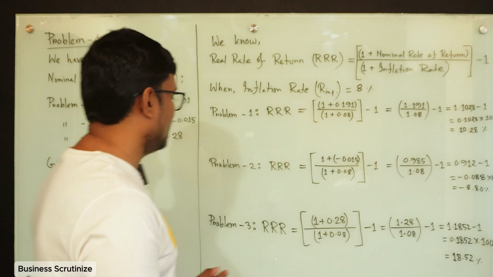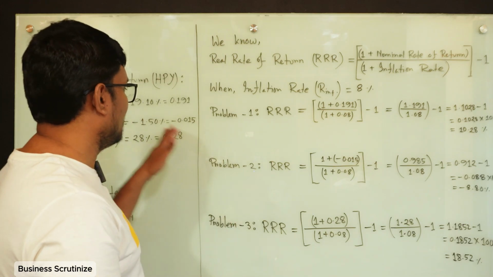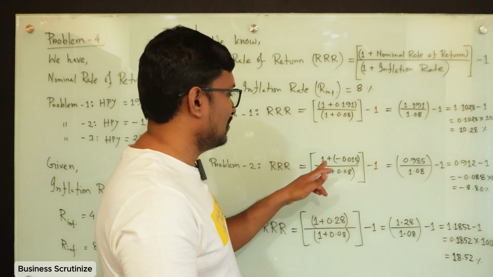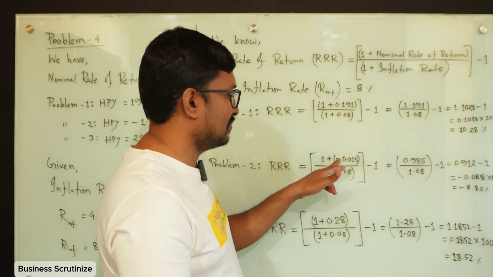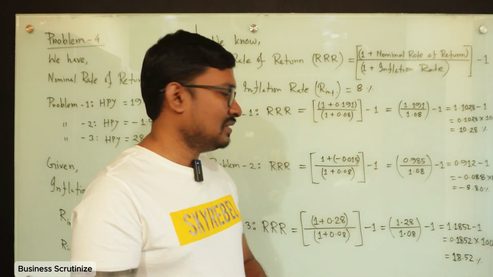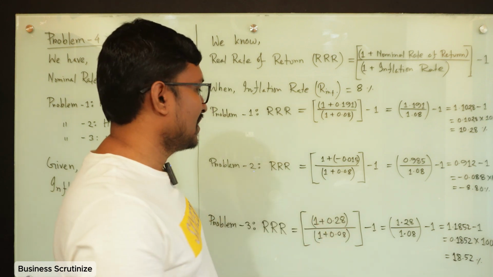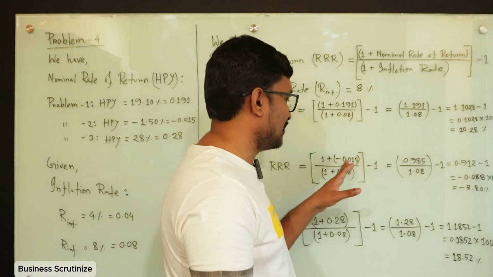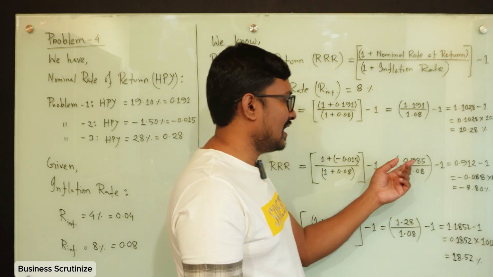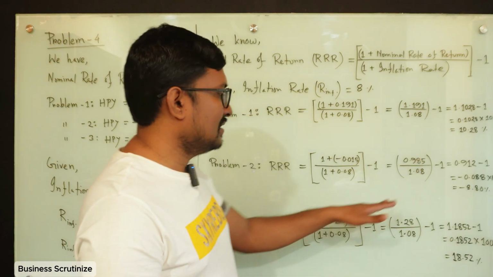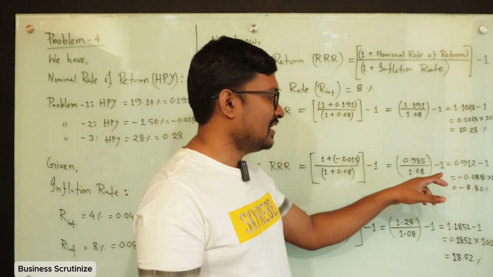And in this way, in problem number 2, when the nominal rate of return is minus 1.5%, we have to write (1 plus minus 0.015) divided by (1 plus the inflation rate of 8%), minus 1. After summation we will have 0.985 in the numerator and 1.08 in the denominator, minus 1.